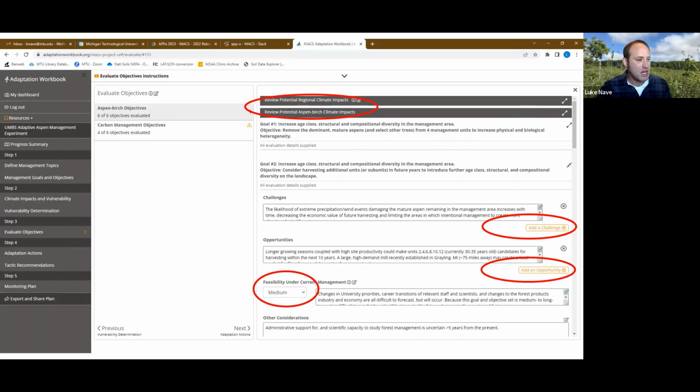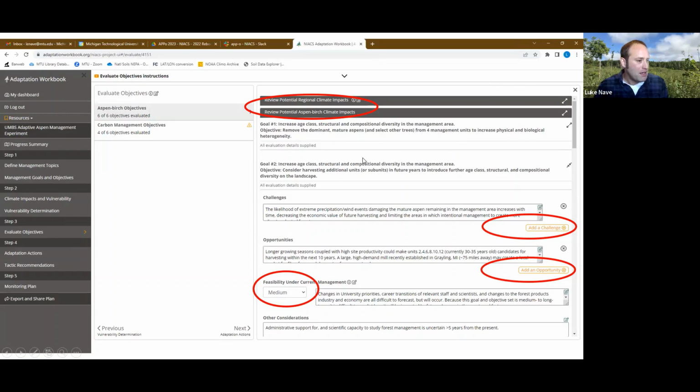And we wanted to accomplish that goal through the specific objective of removing the dominant mature aspens from 4 management units. We delineated the whole project area of something like, I don't know, a few hundred acres into about 18 management units, and we slated 4 of those for treatment.